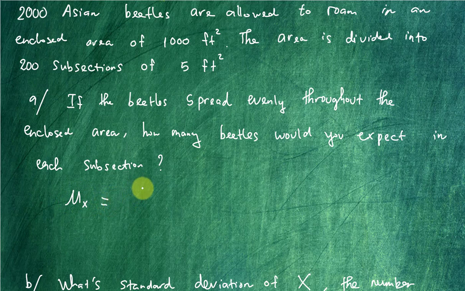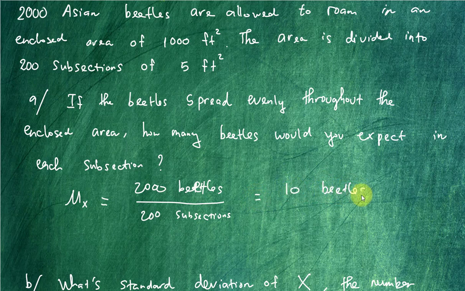We got a total of 2,000 beetles, and we have 200 subsections, so divide on average by 200 subsections, and that will give me 10 beetles per subsection. And that is your expected value for the number of beetles in each subsection.